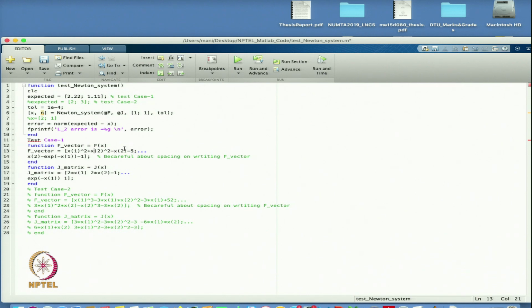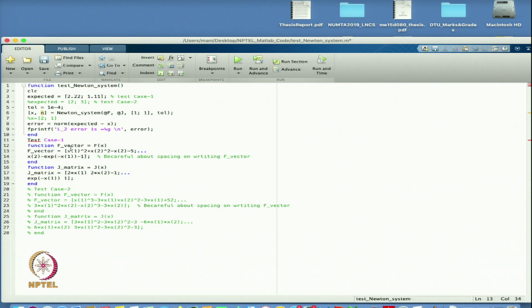That is the first value of the vector, and for the second value I am writing the semicolon, which means I am writing a column vector. These 3 dots are used if the value of the function is very large, then sometimes we have to write the value in the next line. So, for the continuation of the line we put the 3 dots. It means that the next line will be the continuation of this one.